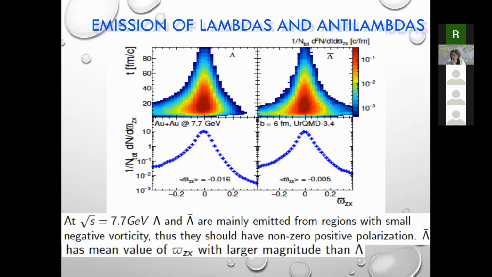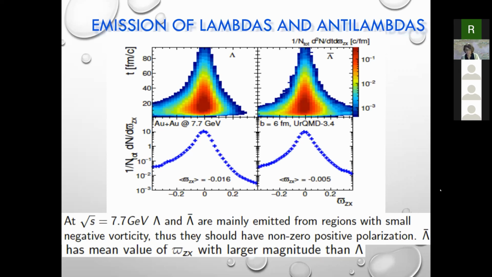No, you see, you mean the top, yes? That's just time, the time when it was produced. So time ranges from 0 up to 100. And then the vorticity in the reaction plane, the vorticity of lambda and lambda bar, which are emitted.